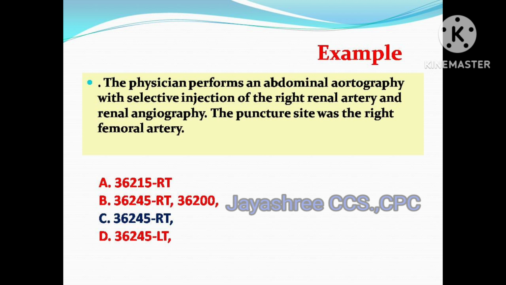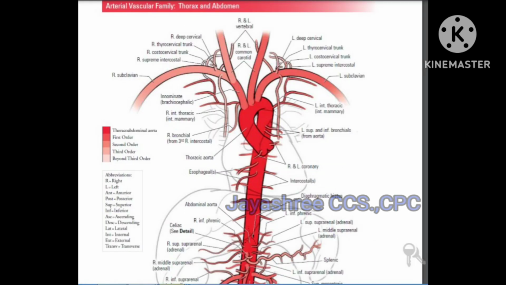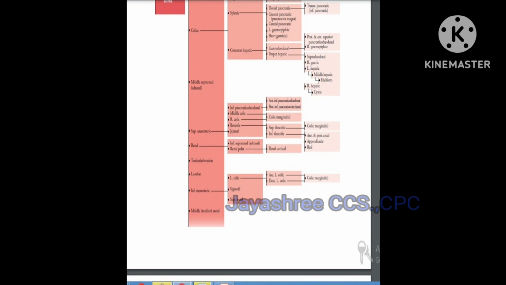So the right renal artery is first order. Now we have identified the order. This is selective, the order is first order, and it is below the diaphragm because this is the renal artery. Then laterality is right side. These are the things we have to know.